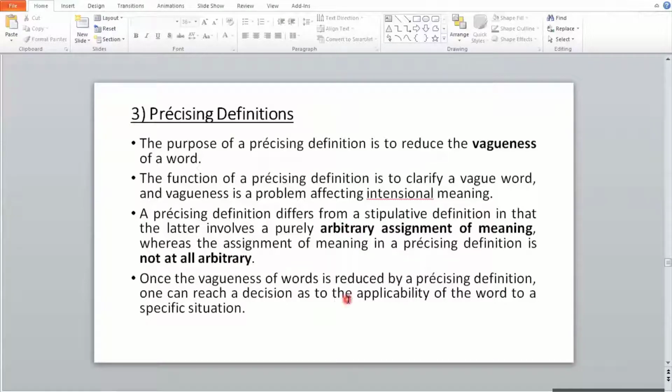When the vagueness of a word is reduced, because the very purpose of the definition is reducing the vagueness, the precise definition can reach a decision on the applicability of the word to the specific situation, which it refers to in that context.